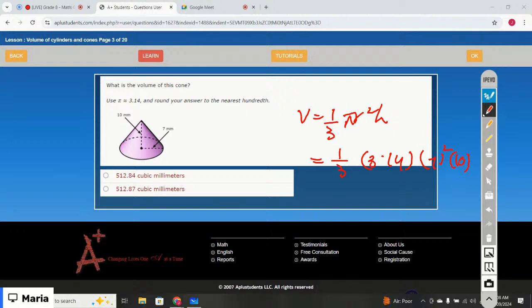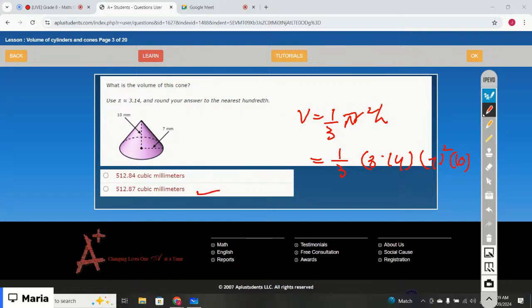That is 49 times 10 times 3.14, that is 1538.6 divided by 3. So the correct option is 512.86. So option number 2 is the correct option. Got it? Just do the calculations.